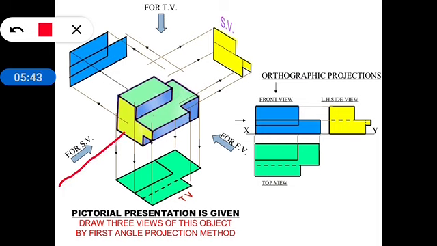The same thing applies when we see it from the side: we can't see this line either. We can only see this portion in solid line, and this portion is a dotted line. But in the front view, we can see all the lines the same way. That's why there is no dotted line here.